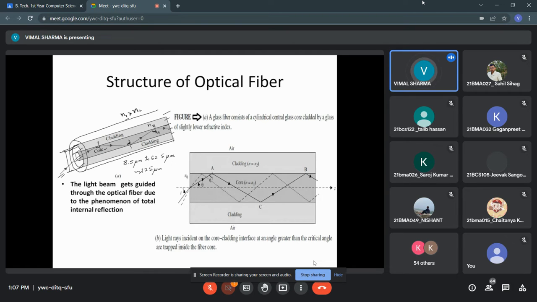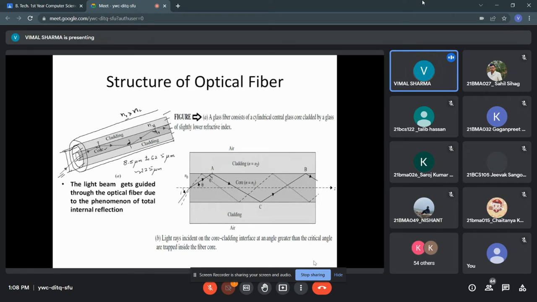So for that we said that it depends on the angle of incidence at the core cross section. The incident ray, if it makes a small angle with the normal at the core cross section, then it is expected to propagate through the optical fiber. And the larger angles, or rays which make a big angle at the cross section, do not propagate through the optical fiber.